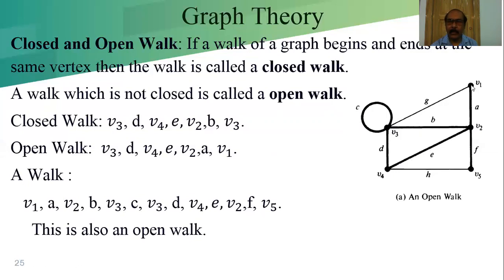Start with V1, we reach V5 through the vertices, and V3 and V2 are repeated twice, but no edge is repeated. We can repeat the edge, no problem in a work. This is an open work, but we can give another definition, which this also satisfies.